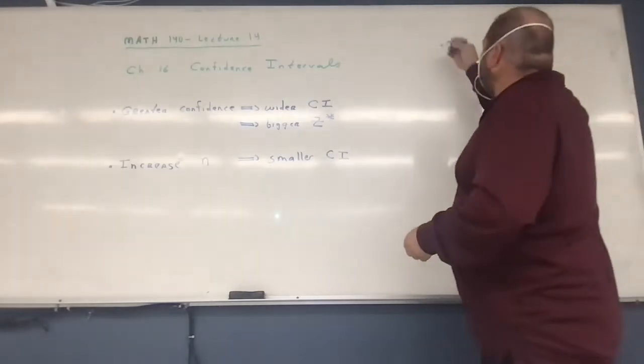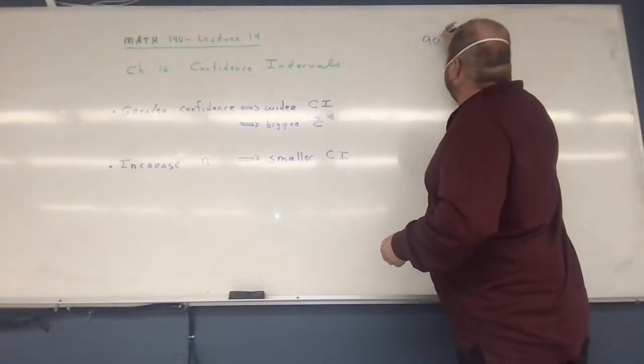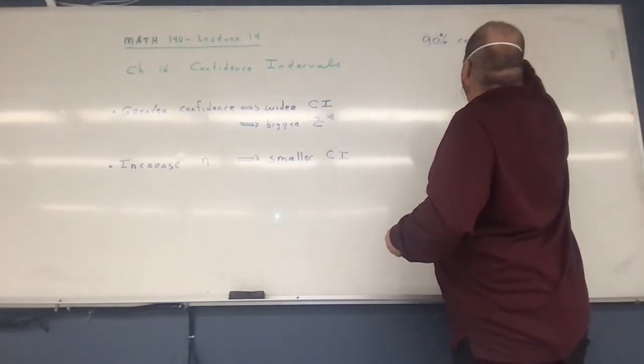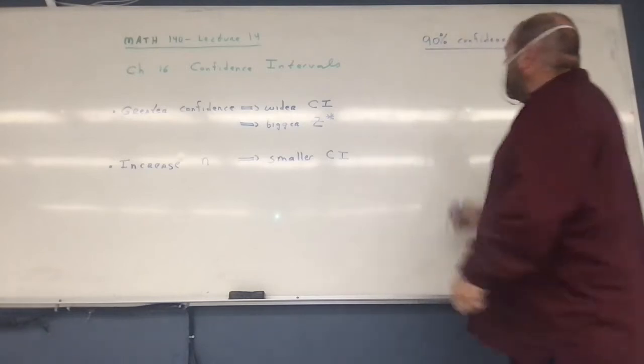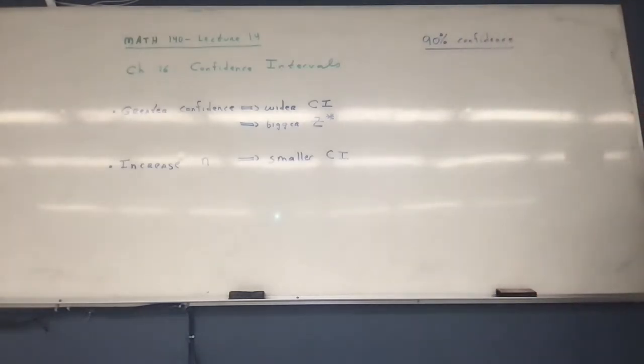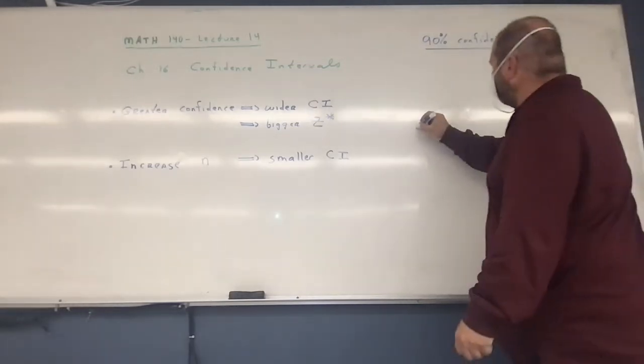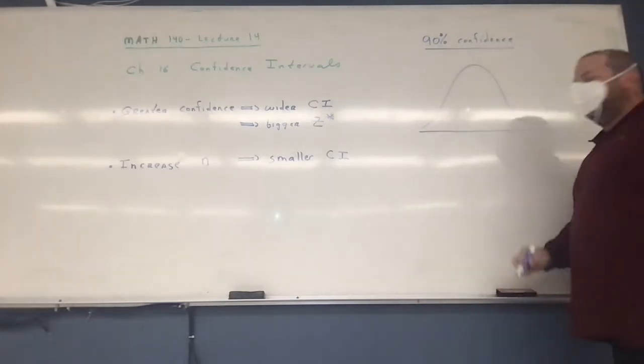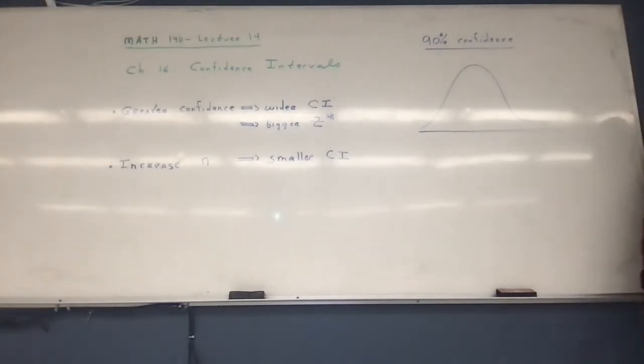So let's do 90% first. Suppose I want 90% confidence. Here is how I want you to think about it, because this approach will work for any level of confidence. I want you to draw a normal curve. And this will be the standard normal curve.